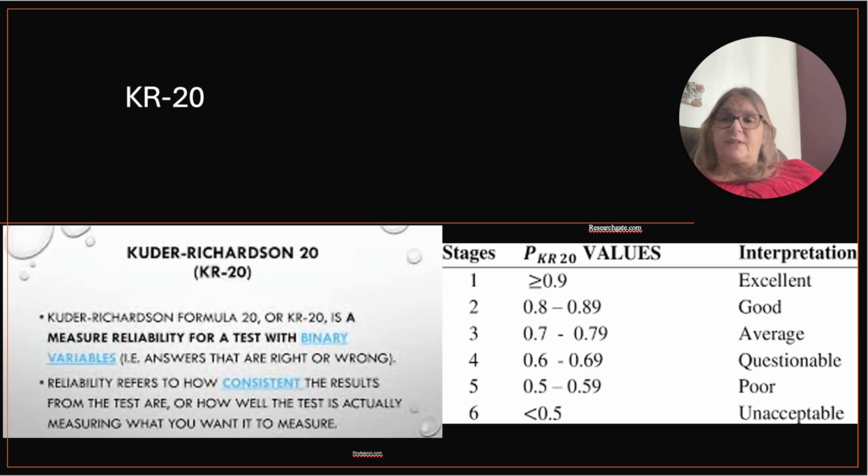With the Kuder-Richardson test, if it's 0.8 or higher, it is a good test. If it is less than that, that test is not really reliable and really shouldn't be considered valid to use for grading our students. It's not fair to give them a grade based on a test that's not reliable.